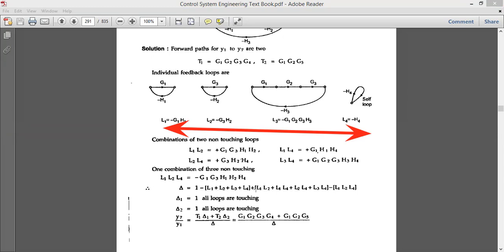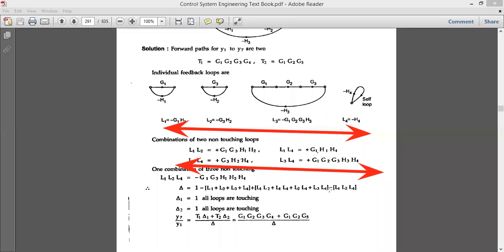Then put plus, and write the 2 non-touching loops. Which are they? Everything should be written as an algebraic sum: L1 L2 plus L1 L4 plus L2 L4 plus L3 L4. This is your 2 non-touching loops.